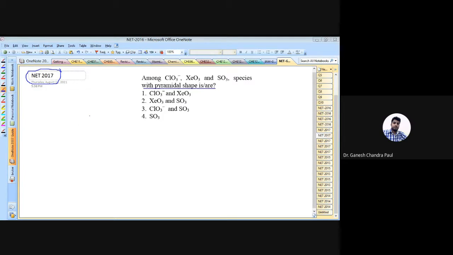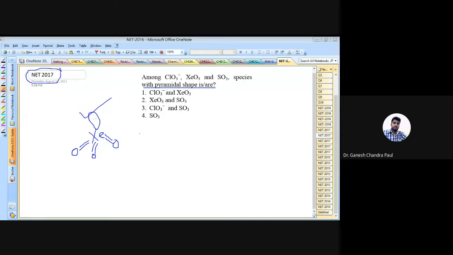As you know, I have discussed the structure of xenon trioxide several times. It has pyramidal structure. One lone pair is present, like this, with pyramidal shape. So xenon trioxide has pyramidal shape. Yes or no?